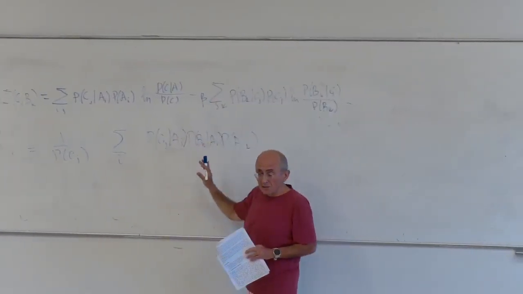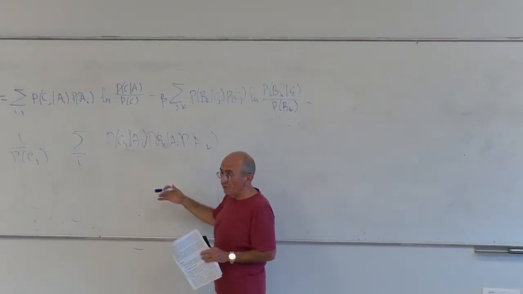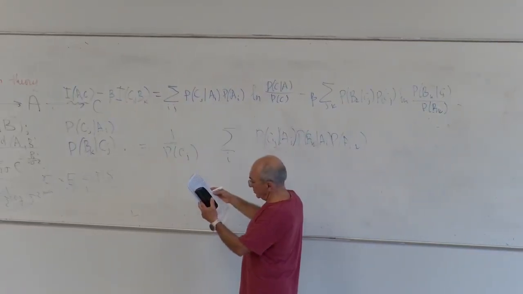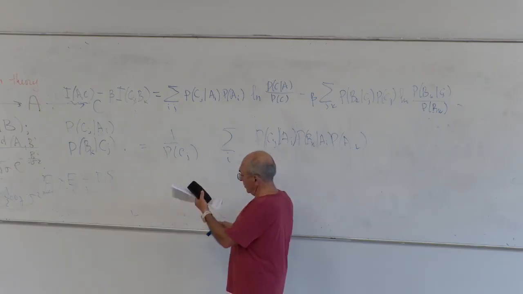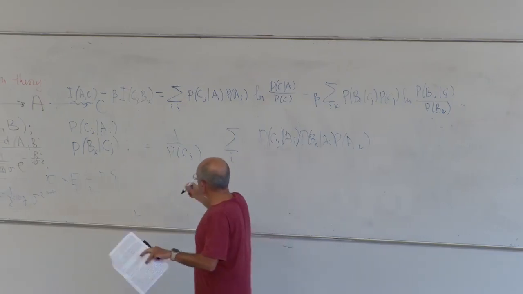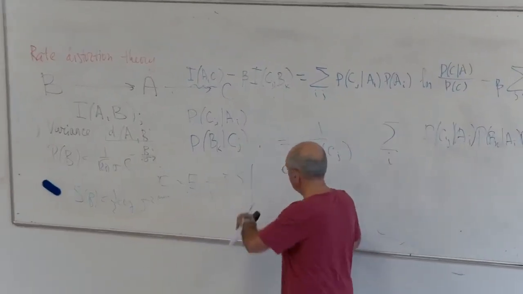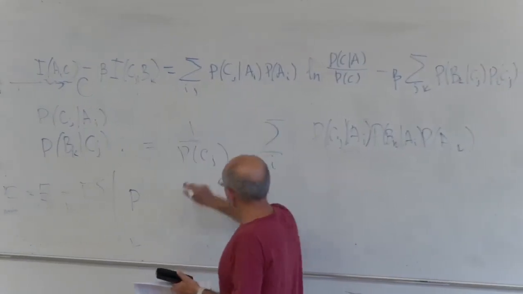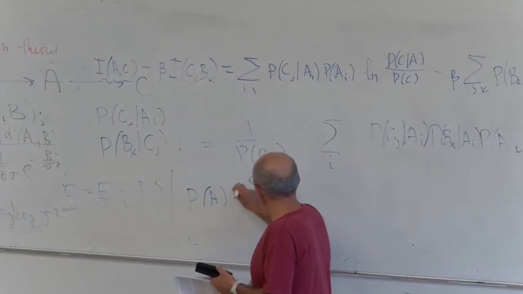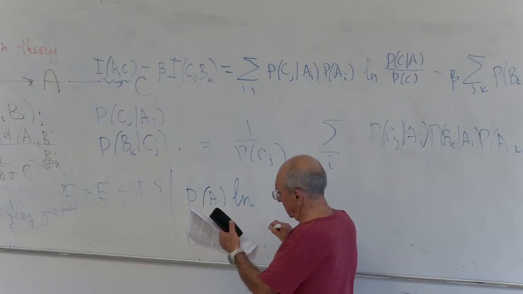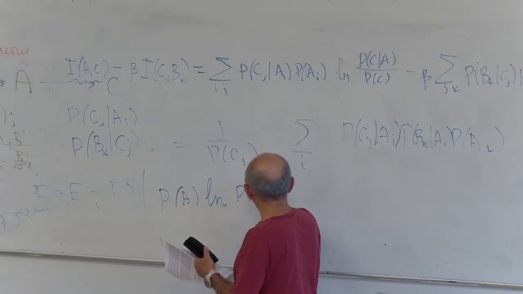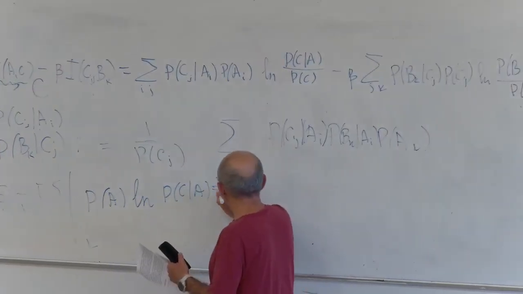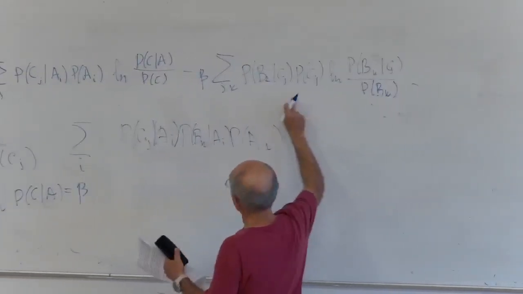But now I want to finish this, at least to write a formula. So let's differentiate this with respect to this, right? So what you essentially get, schematically, I just want you to see how it works schematically. You would have P of A, you have a logarithm, and this logarithm will be of P of C of A, what you're looking for, right? And this would be equal to beta from here, right?